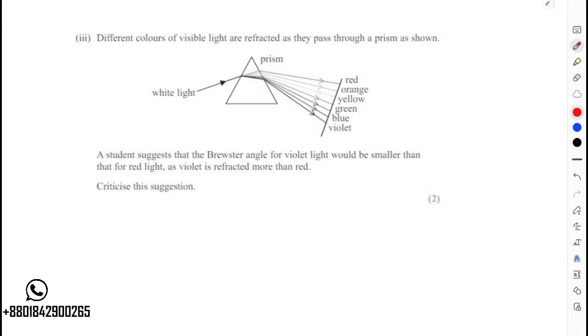I think this is again related to some calculations we did for the previous parts, but I think we can calculate that again. The refractive index for glass over here is greater than air, obviously.